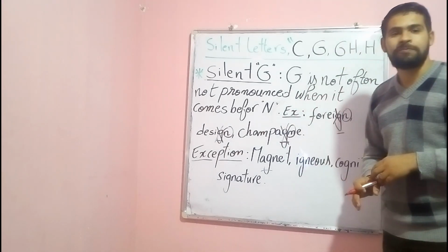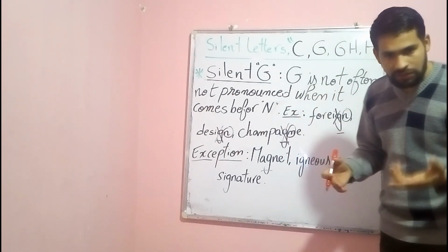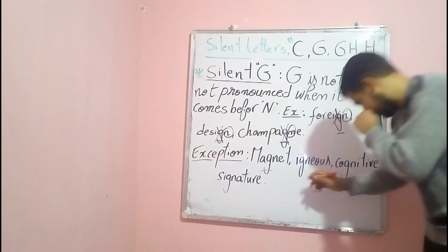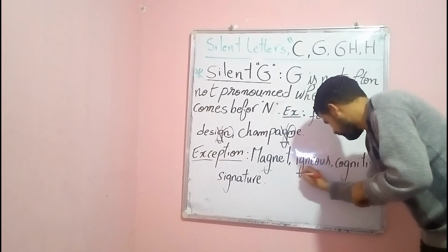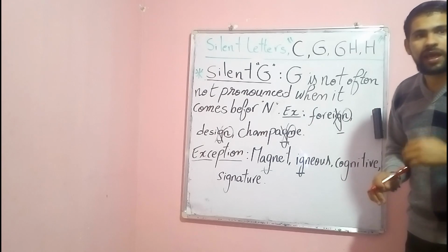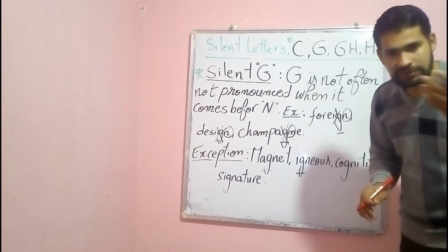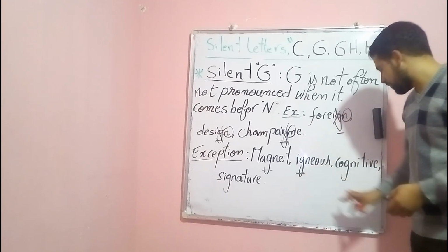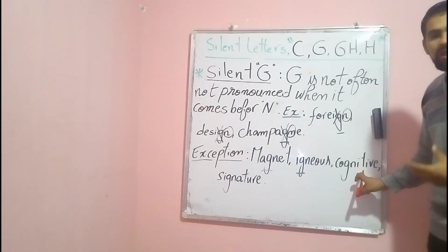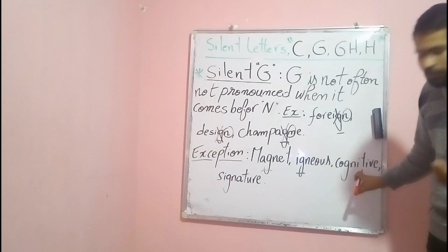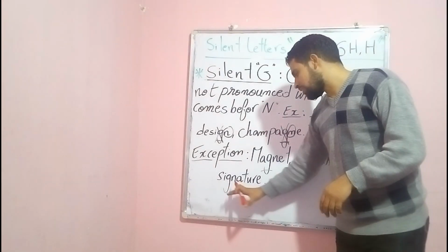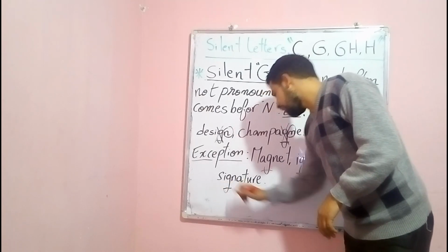I didn't omit it, I pronounce it. Here, Agnes, okay? It is pronounced here, and here we have cognitive. It is also pronounced here, and the last one, signature.